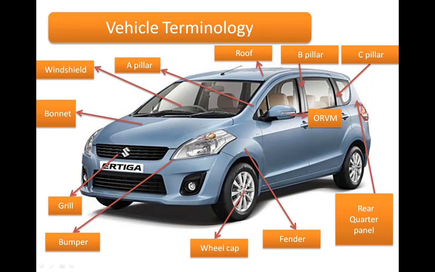And this one is the wheel cap. The wheel cap is provided at the wheel to give an aesthetic look. These all parts are called vehicle terminology. The picture shows a light motor vehicle, the Ertiga, Maruti Suzuki.